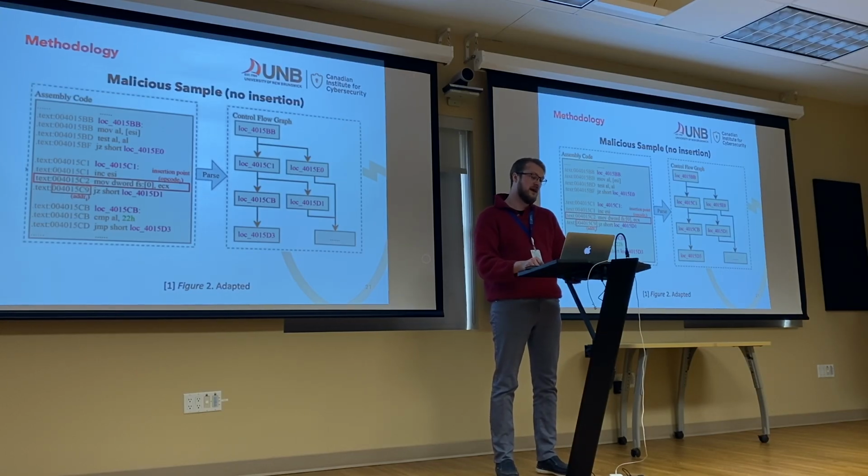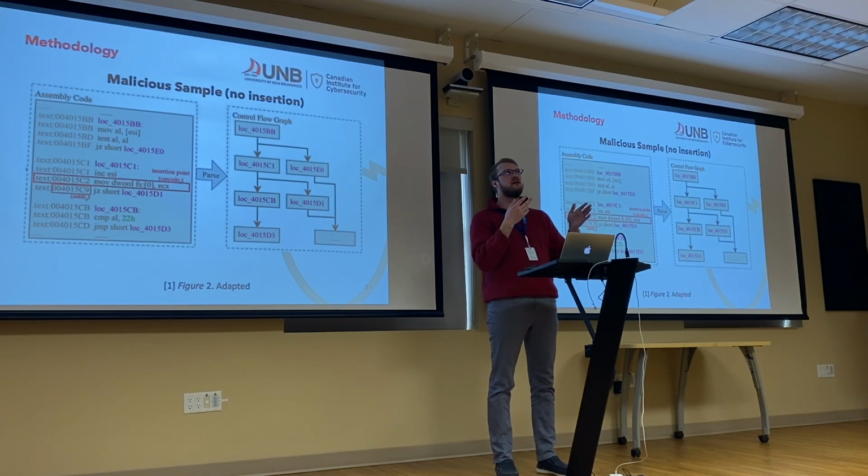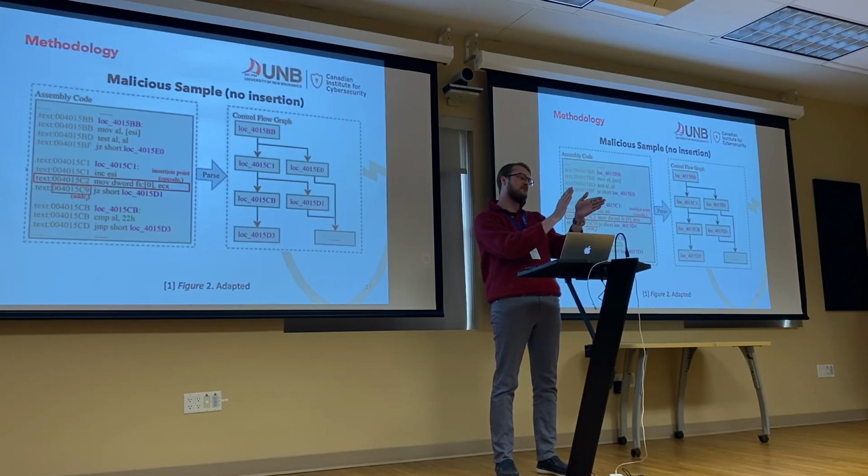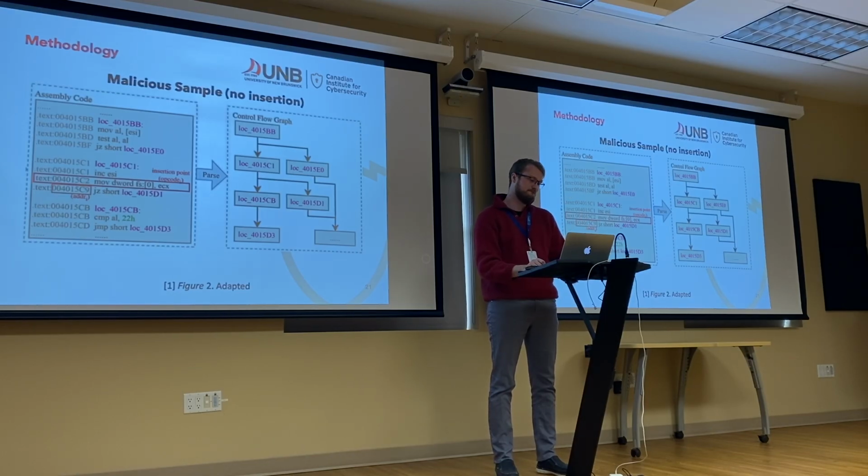Effectively, we're going to be doing something not unlike inserting an element into a linked list, where if we have some basic block, we're going to have our new benign block, and we're going to link it there, and then take whatever the tail of that would have been and link it back to our malicious code. So think of it like we're just doing an insertion into a linked list.